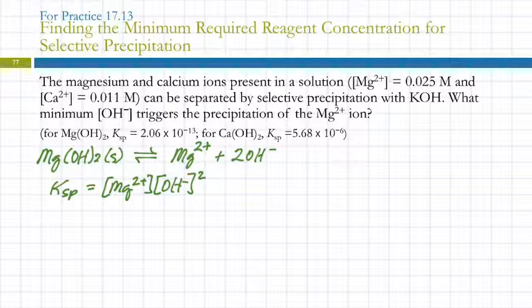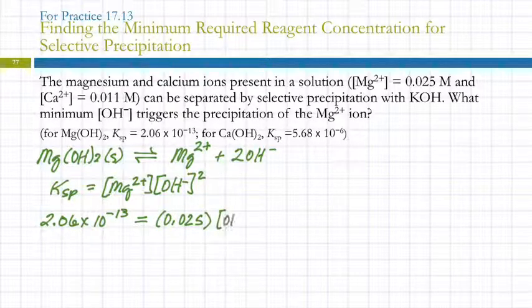So we know that KSP is 2.06 times 10 to the minus 13. And we've got 0.025 molar of the magnesium. And then we've got the hydroxide ion concentration squared.